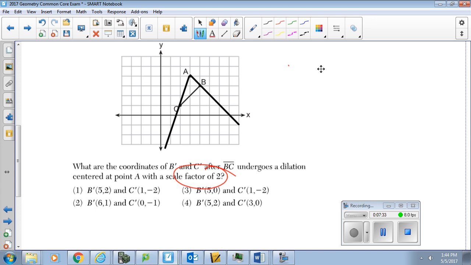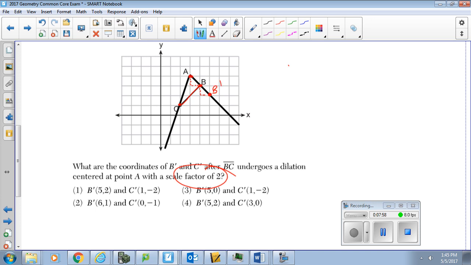If you were to dilate it with a scale factor of 1, you would actually end up with the same exact line, right? What you want to do with a scale factor of 2 is just count or use the slope from one point to the other and then do that twice. So if I go from A down and over, then I just want to go down and over again. That's a scale factor of 2.